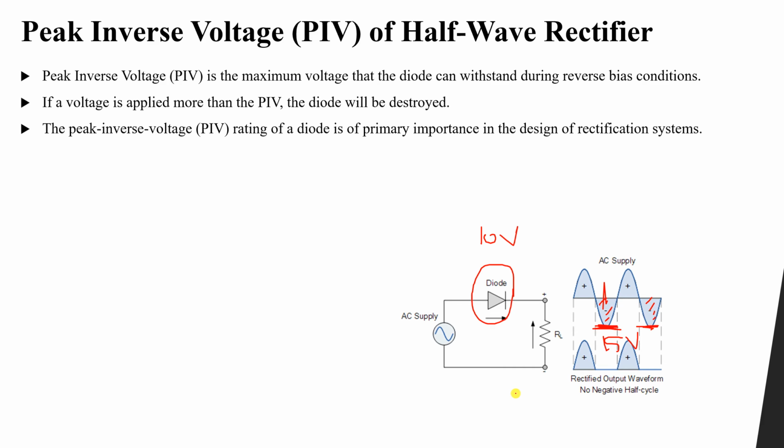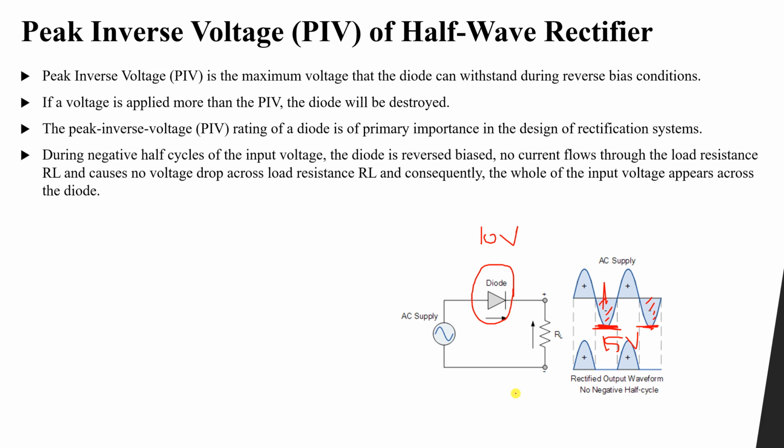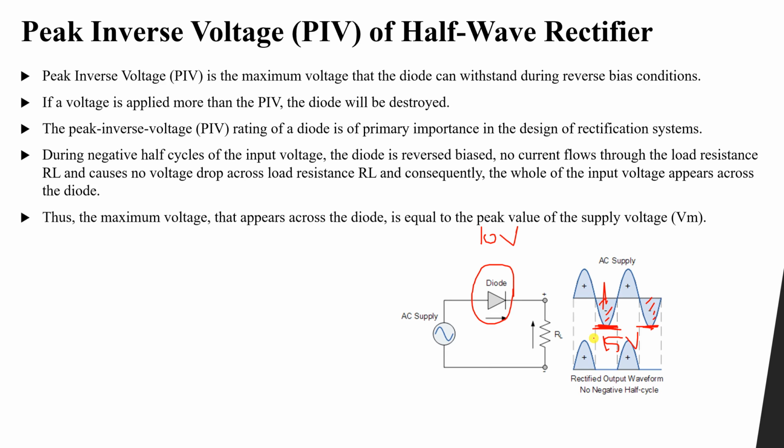The peak inverse rating of the diode is of primary importance in the design of the rectification system, because this is the maximum stress applied to the diode. As you can see here, the whole input voltage appears across the diode during the reverse bias mode. So the maximum voltage that appears across the diode is equal to the peak value of the supply voltage, which is this value.